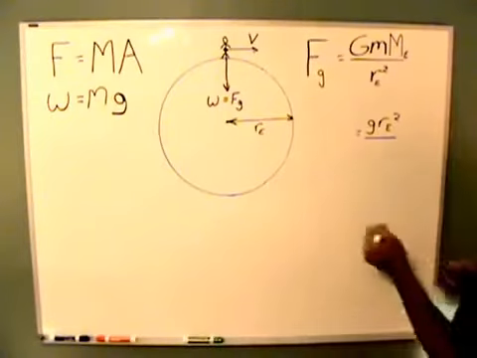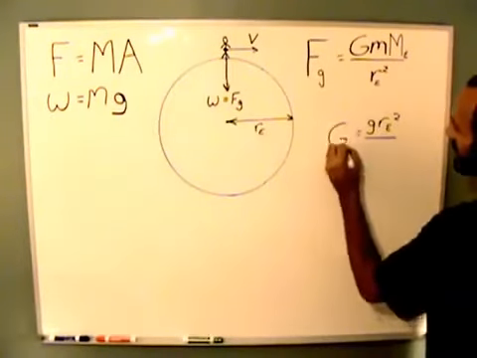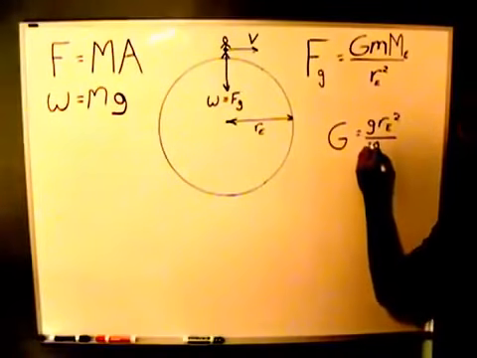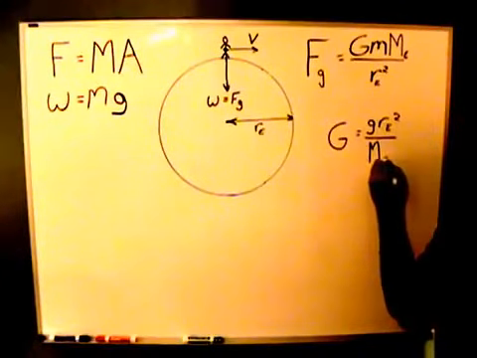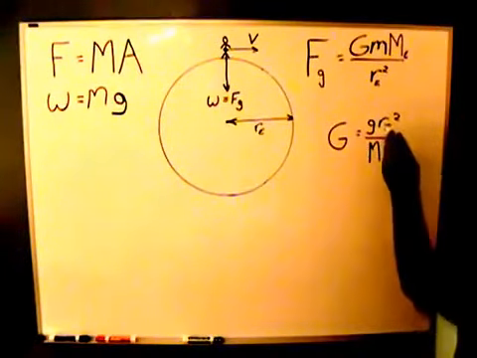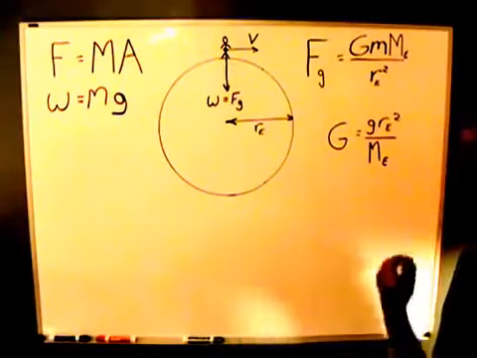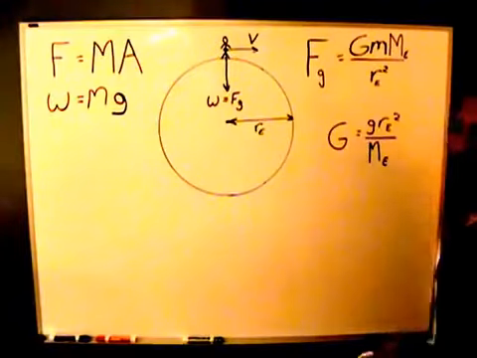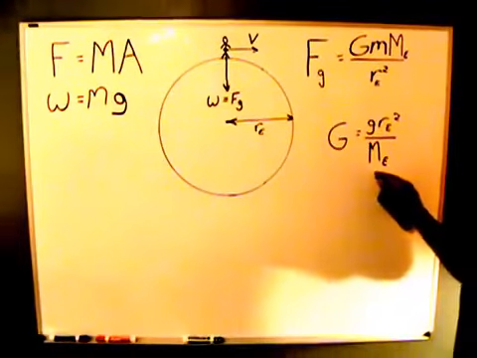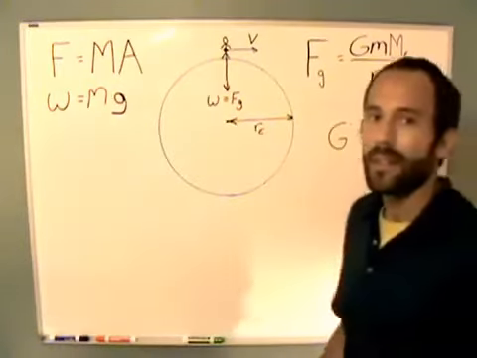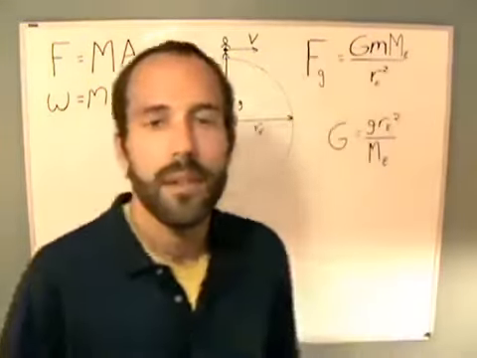What if he said G is equal to the acceleration due to gravity, as he would have called it, times the radius of Earth squared divided by the mass of Earth. Of course, he doesn't have the mass of Earth, right? Well, he does have the radius of Earth.